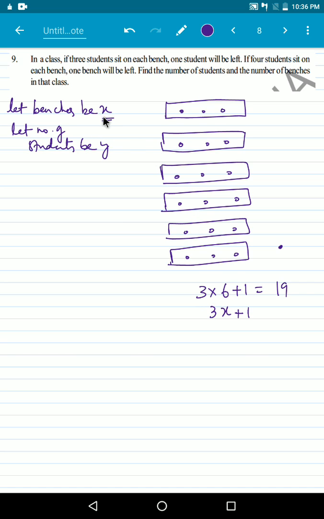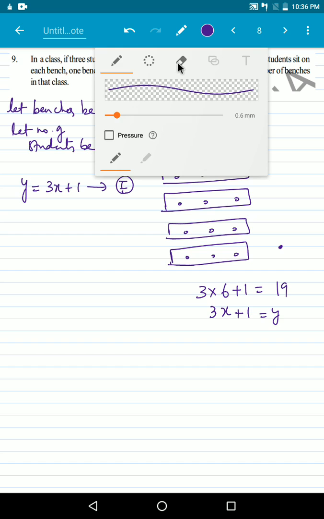Now x benches are there, so x into 3 plus 1. But we took students as y, right? So this should give us y. I hope you understood this first equation, 3x plus 1. This 3x students will be sitting and 1 student is standing. So this is our first equation.